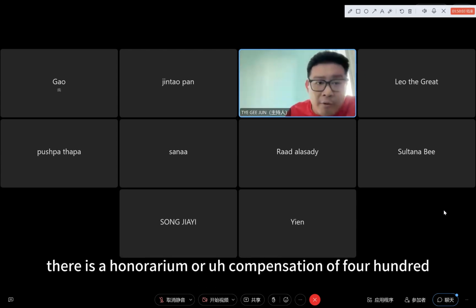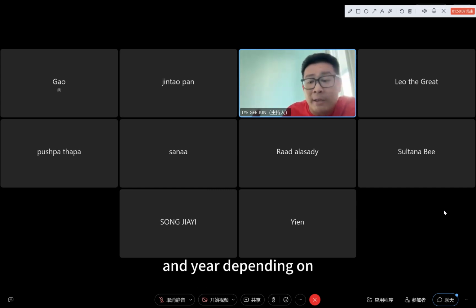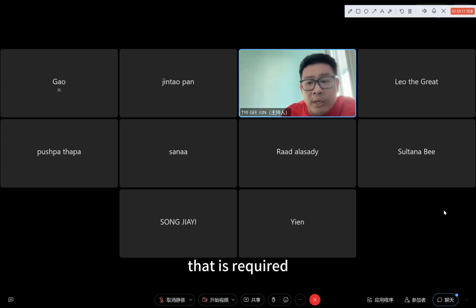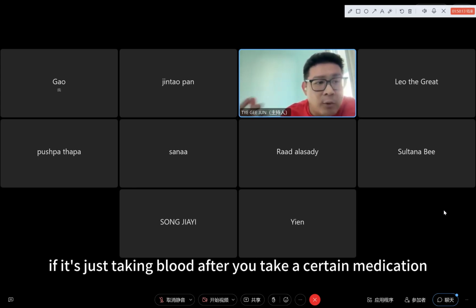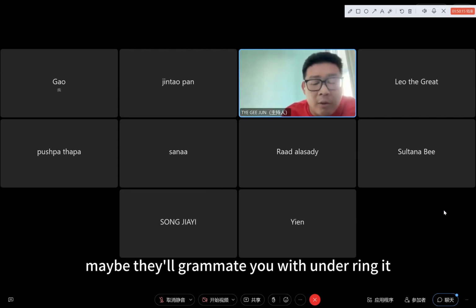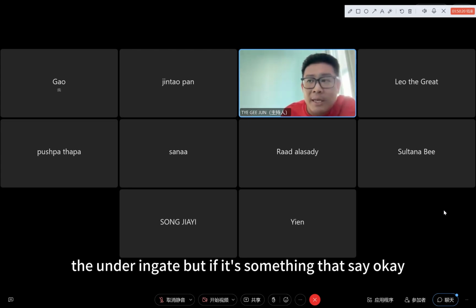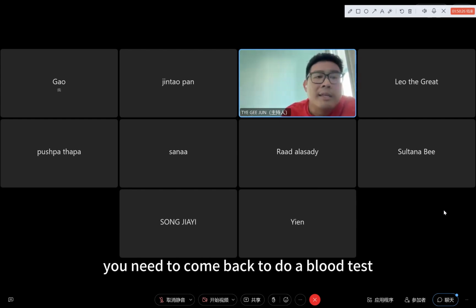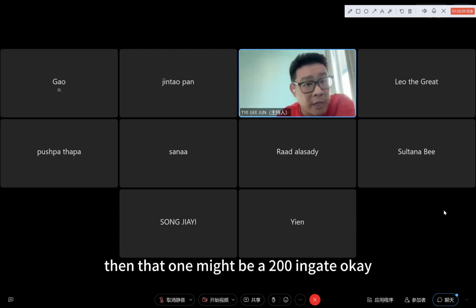There is an honorarium or compensation of 400 ringgit, 500 ringgit, depending on the level of monitoring required. If it's just taking blood after you take a certain medication, maybe they'll remunerate you with 100 or 200 ringgit. But if you need to take this drug every week and come back to do a blood test, then that might be a few hundred ringgit.